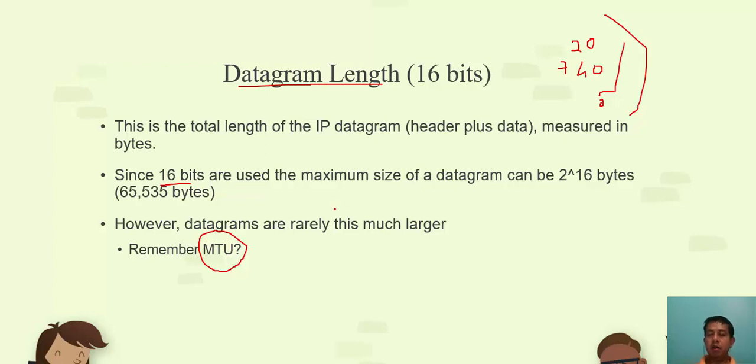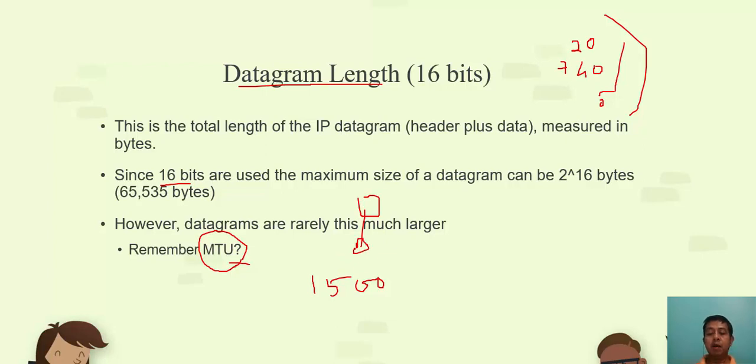So the size of an IPv4 datagram will depend on the size of the MTU. If the MTU is, say for example, 1500 bytes, then the datagram cannot be bigger than this. Clear? Remember, a datagram has to be sent to the data link layer next.